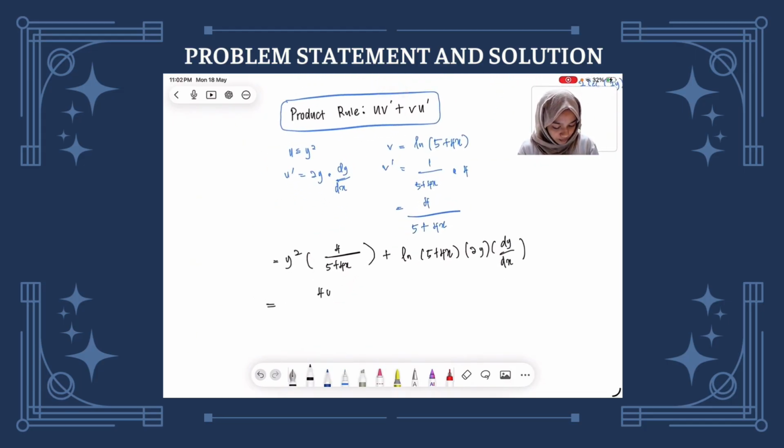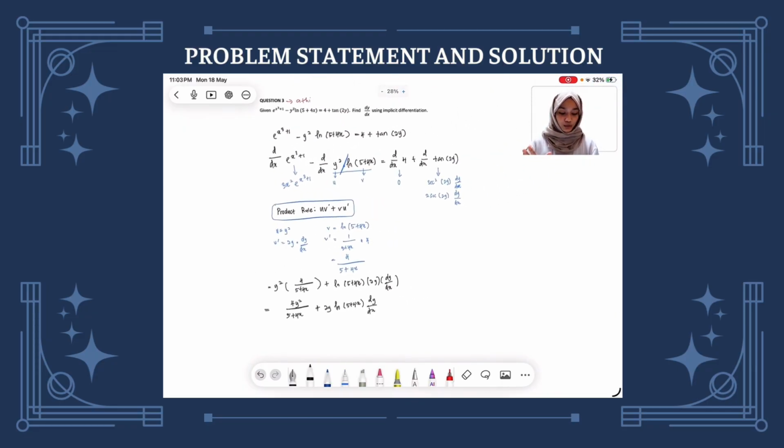So it's going to be 4y squared over 5 plus 4x plus 2y ln of 5 plus 4x dy over dx.